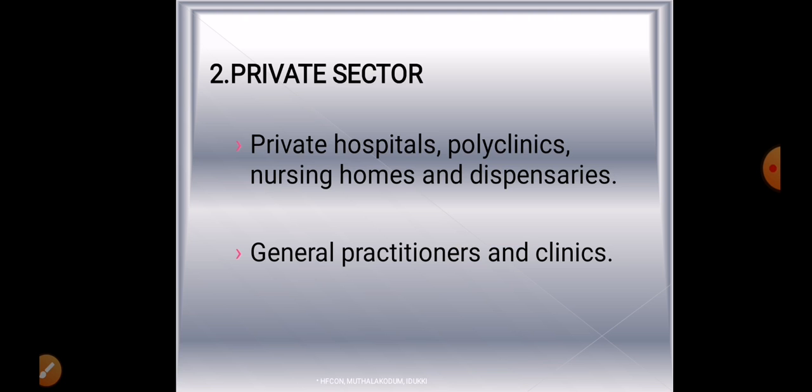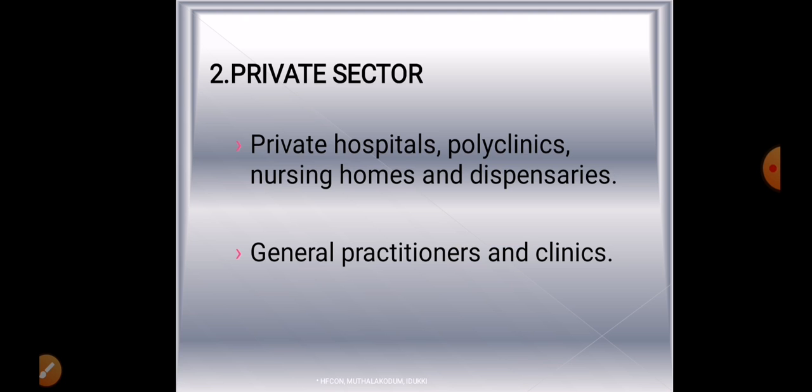We often see private doctors whose clinics are attached to their homes, or sometimes a separate clinic in the town, city or rural area. So we have general practitioners and their clinics, and in the same way referral hospitals in the private sector, very big hospitals like Fortis and others. There are many private institutions.